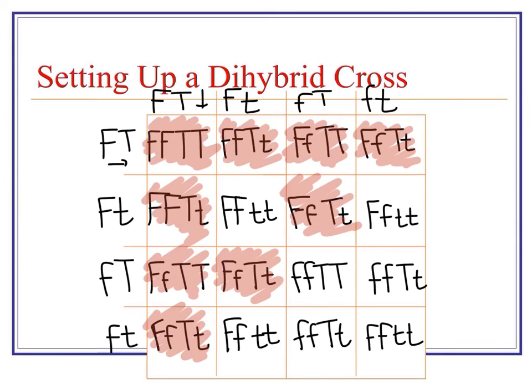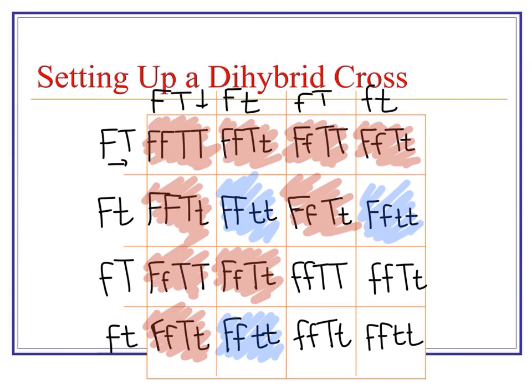Now we'll do the same thing. I'll use a different color to code all of the individuals who would have freckles but not be able to roll their tongue. So have at least one big F but 2 little t's. So we can see this one right here, here, and here. So 3 out of the 16.